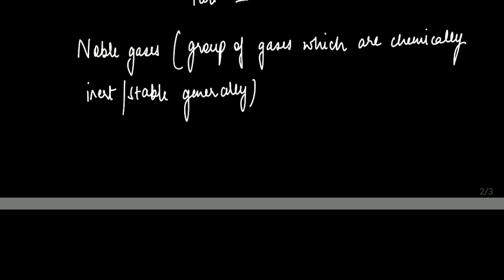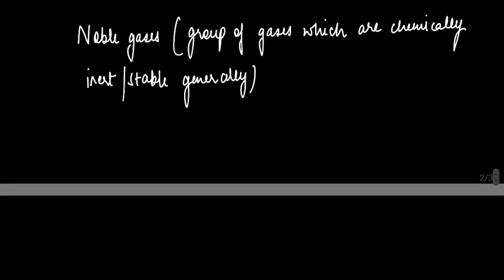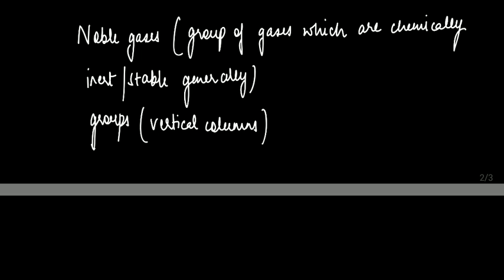So try to create an image in your brain. If you see the periodic table, there are certain vertical columns. We call them groups. These are vertical columns, and we'll be discussing them in future lectures.